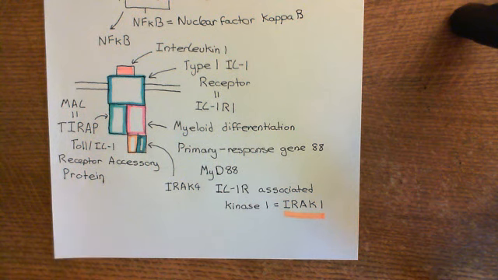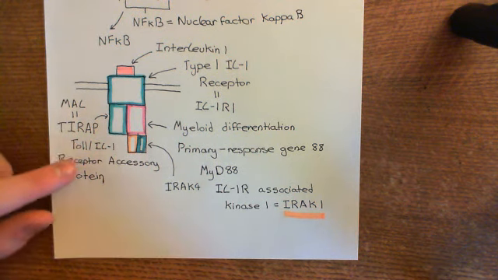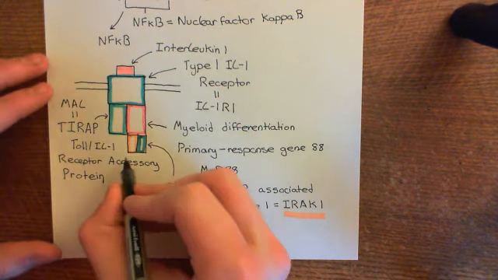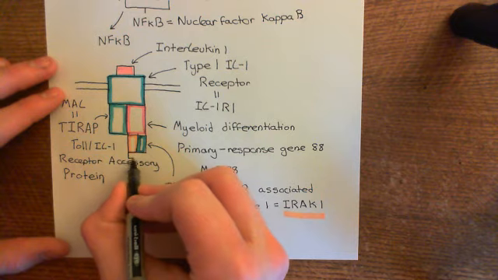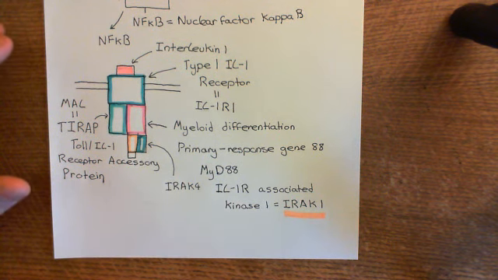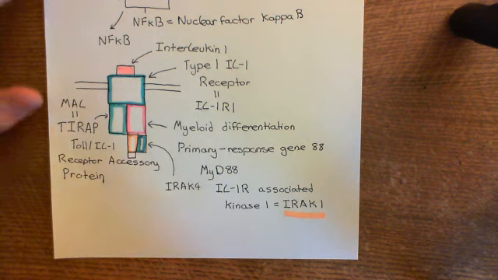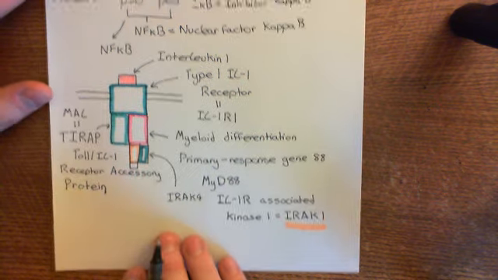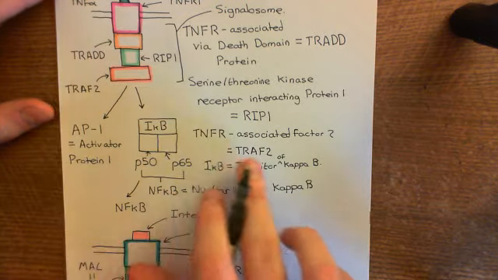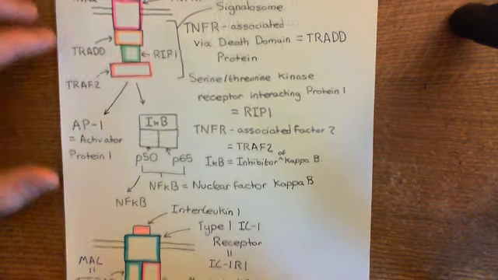Okay. Now finally, one more protein is going to come and associate with the interleukin 1 receptor associated kinase 1, and I'll try and squeeze this in here. So one more is going to come and bind there, and this final protein is what's known as TNF receptor associated factor 6. Okay, so TRAF6. So just like we saw up here, we had TRAF2, which was TNF receptor associated factor 2.